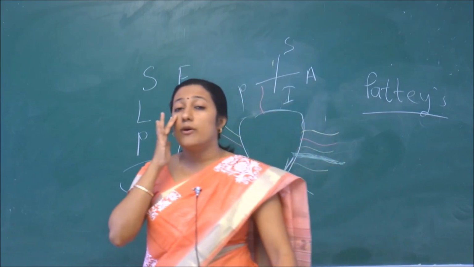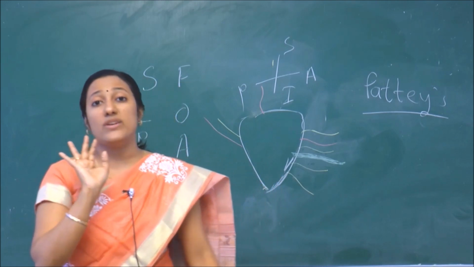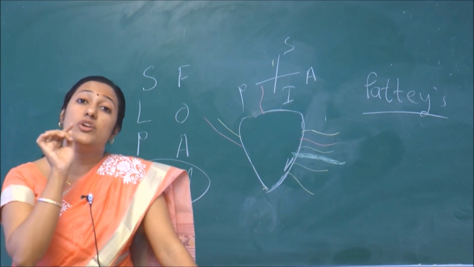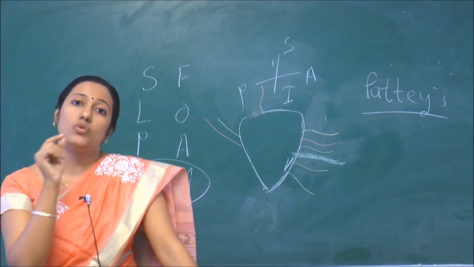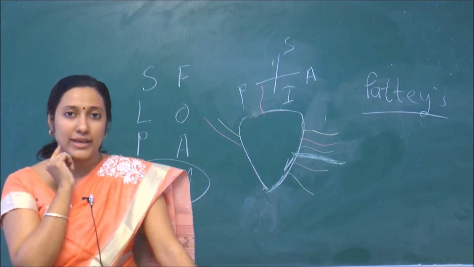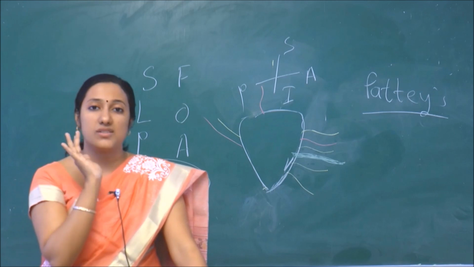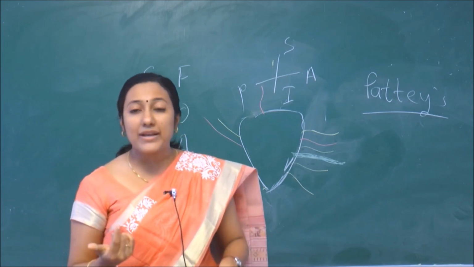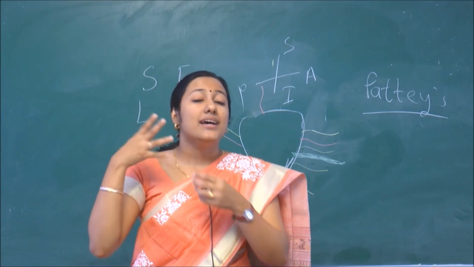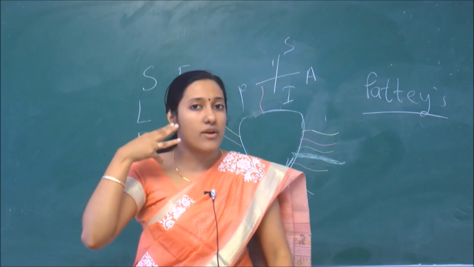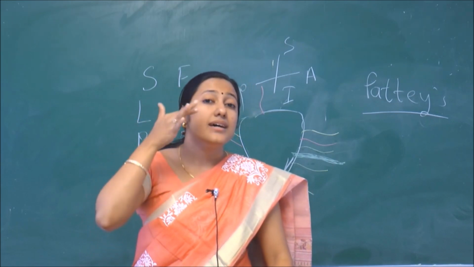Whenever you are asked about the parotid duct, you also write about its surface marking, and in your viva also they will ask you the surface marking of the parotid duct. And this parotid duct is very important. Why? Because it conveys the secretions from the gland to the mouth.